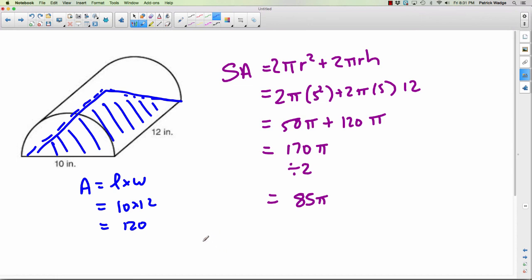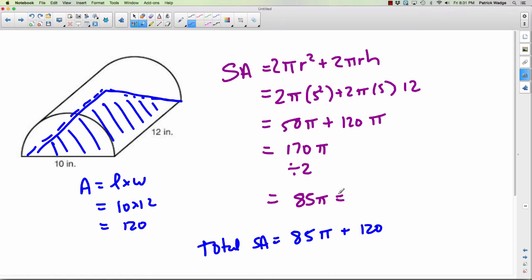So now to get the total surface area, you have to add your 85 pi, which you got here, and your 120, which you got there. You can't actually add those together because this has pi's and this doesn't. So this would be your answer in grade 11 and 12. You'd be done right there. But let's change our 85 pi into a grade 8 answer.